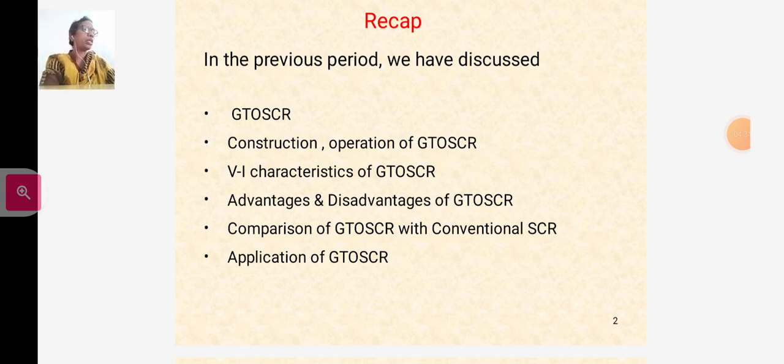For example, in industries: arc and industrial furnaces, blowers and fans, pumps and compressors, industrial lasers, transformer tap changers, rolling mills, textile mills, cement mills and welding.